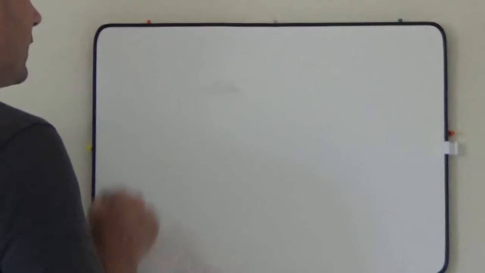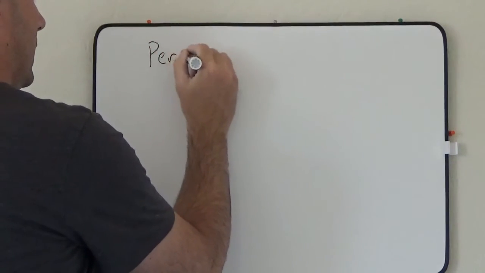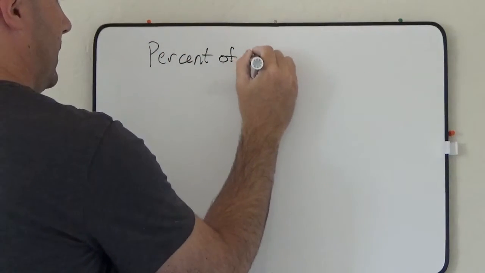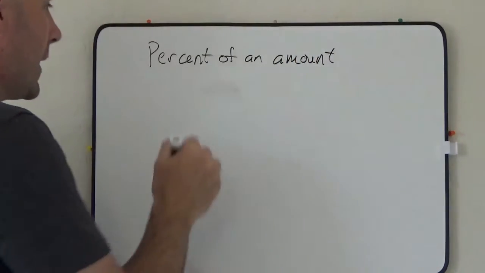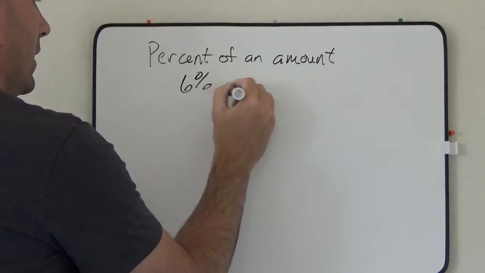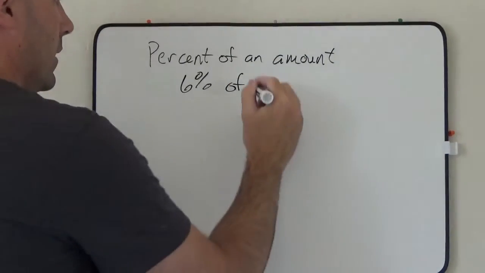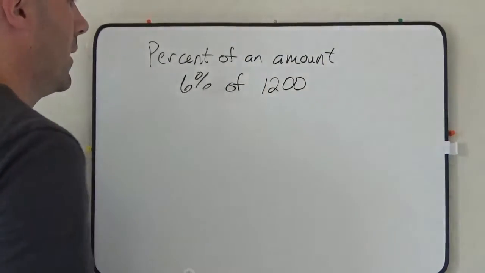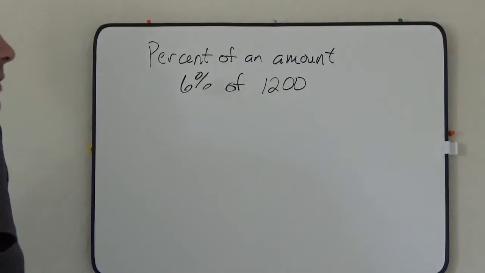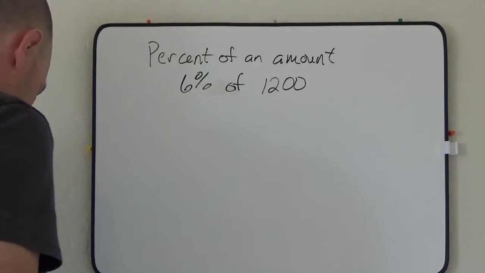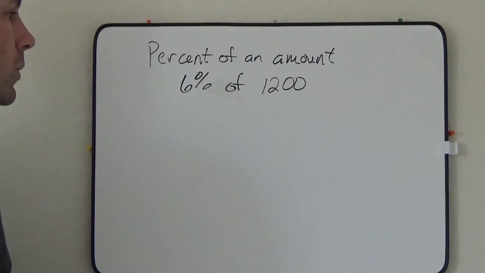So, percent of an amount. We want to find 6% of 1,200. So the way we find that is we're going to change 6% to a decimal and multiply it by 1,200.